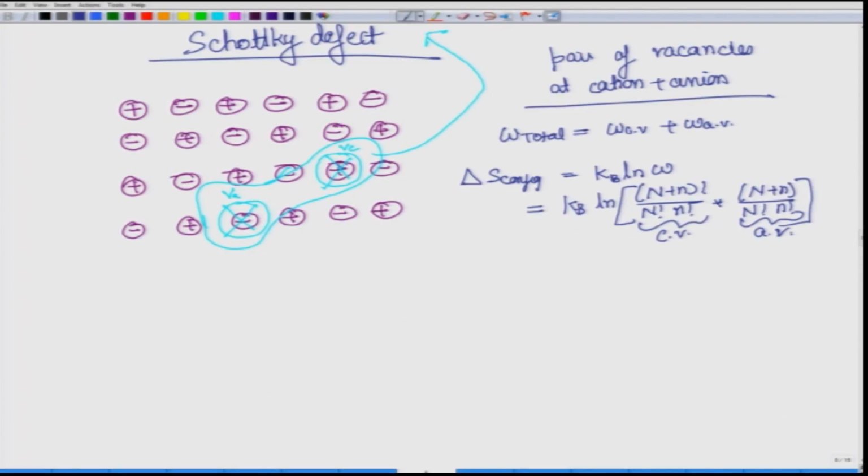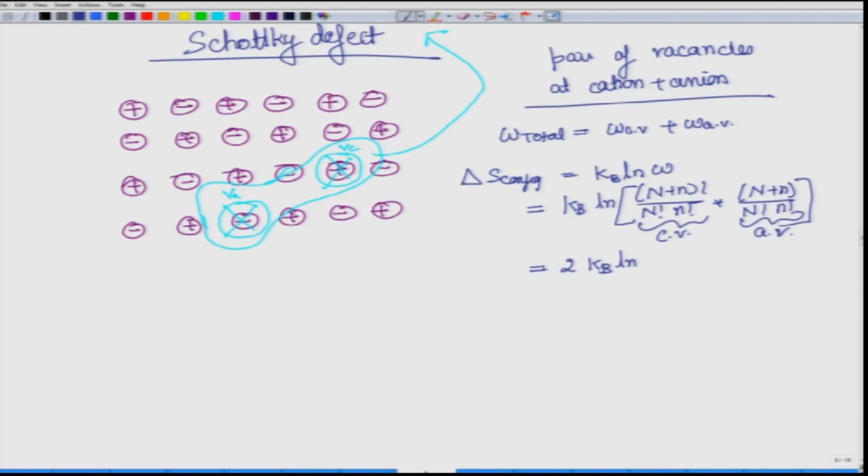Over there one of them was representing cation vacancy and the other was representing cation interstitial. So, instead of n we had n number of interstitial sites, and over here this part becomes 2.